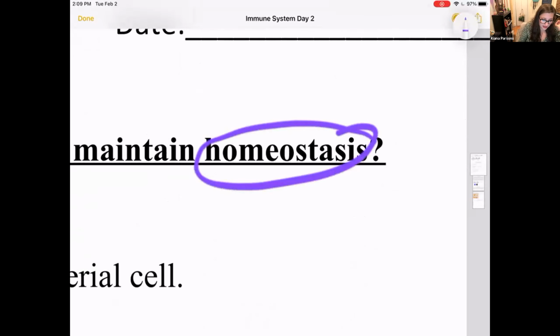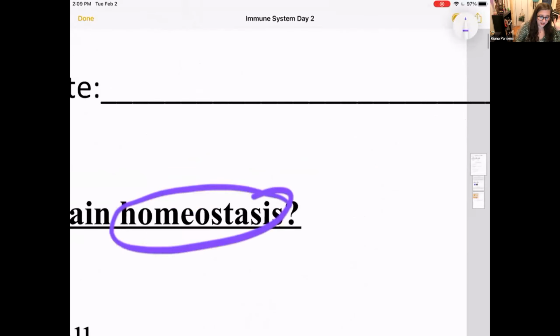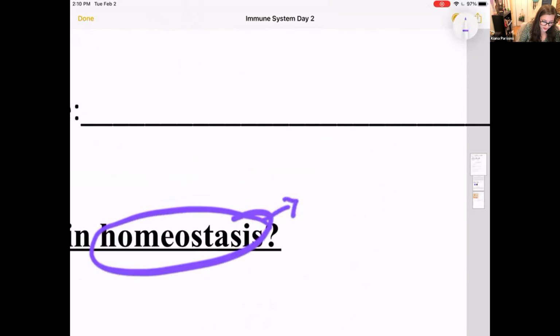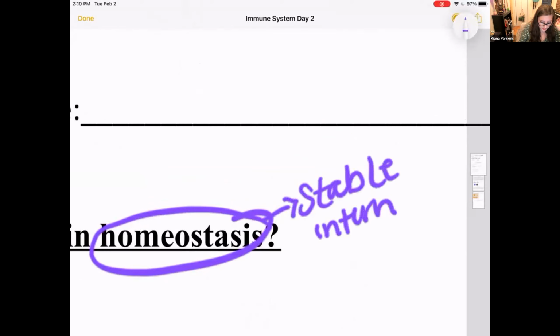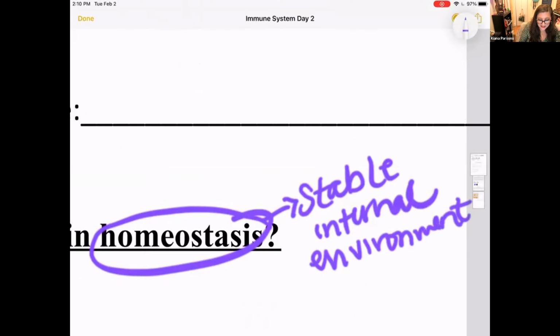Our favorite word in living environment, especially in this unit, homeostasis, is a stable internal environment. What we mean by that is your body is able to maintain a stable temperature, stable blood glucose, a stable metabolism.